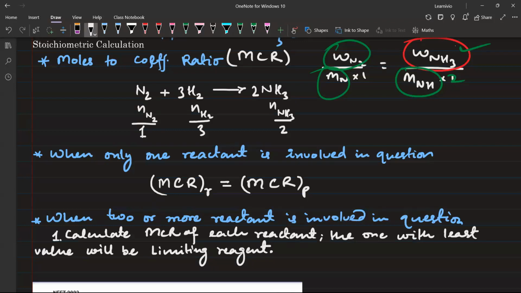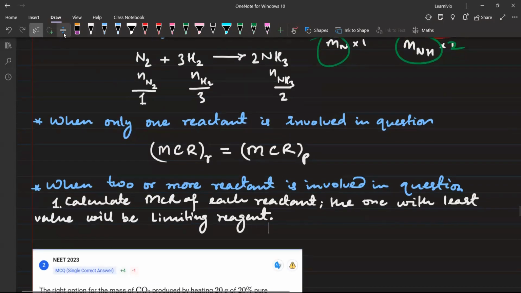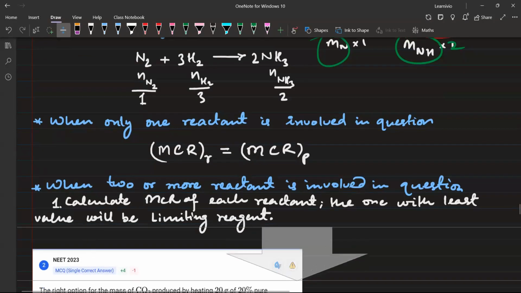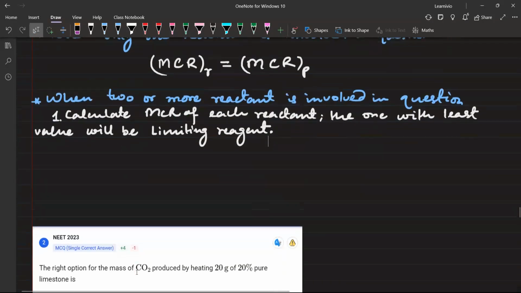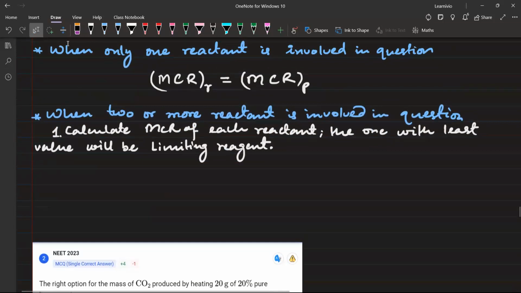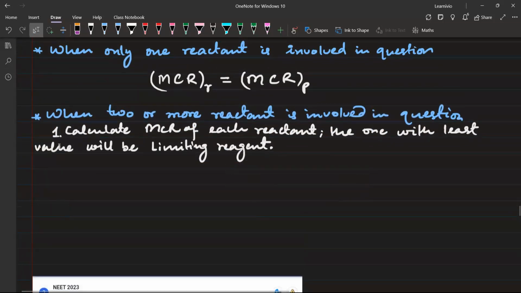So you will calculate the MCR of N2, MCR of H2. If you have been given the amount of 3 reactants, then you will calculate for the 3 reactants. And once you're done, the one with the least value, not number of moles, but number of moles divided by the stoichiometric coefficient, the moles to coefficient ratio which is the least, it will be the limiting reagent.